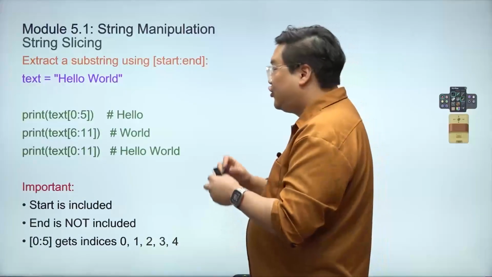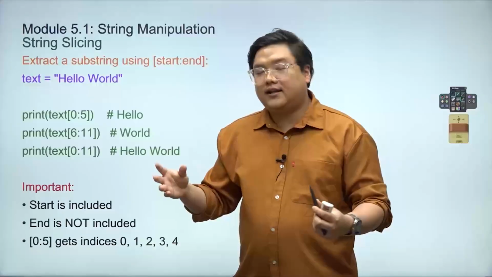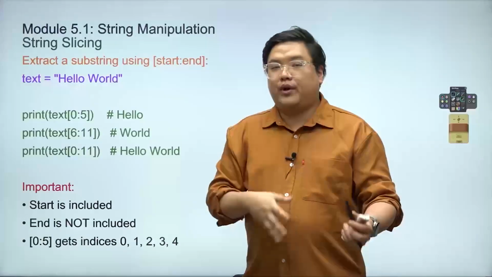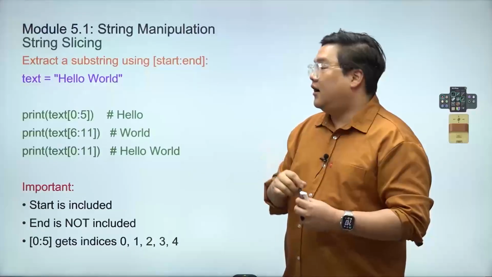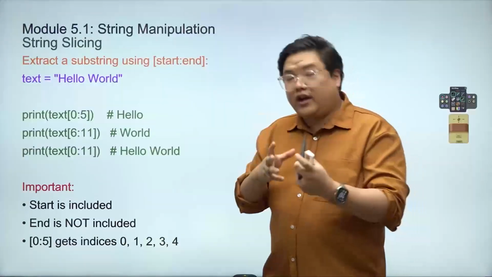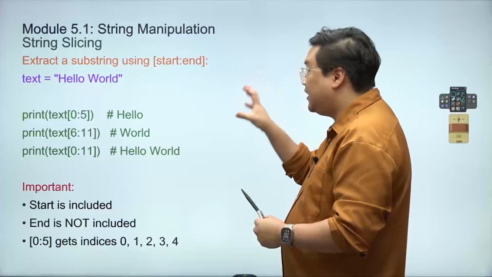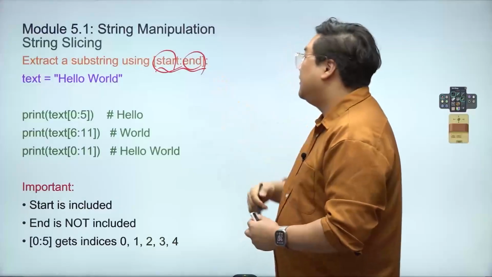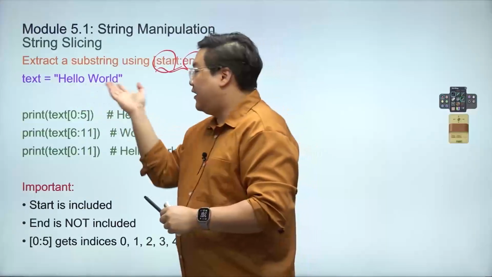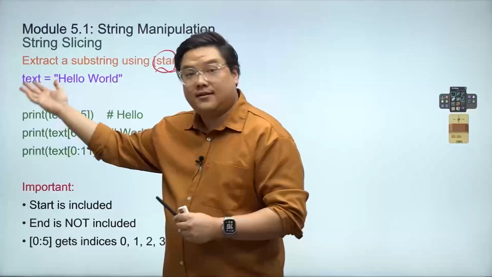Now, we can extract part of a string. If we have an entire sentence, maybe we just want to bring some words from that sentence. That part of the string we call a substring. We can get that using the syntax here, start and end. Let's say we have the string hello world, and our variable is text.